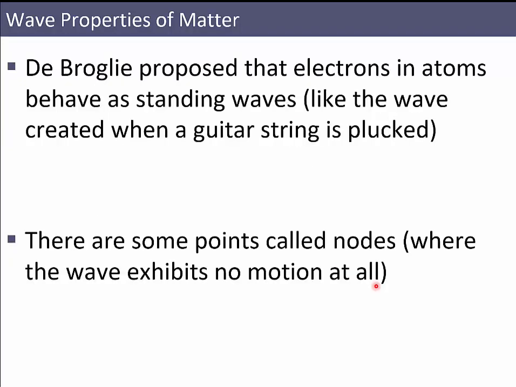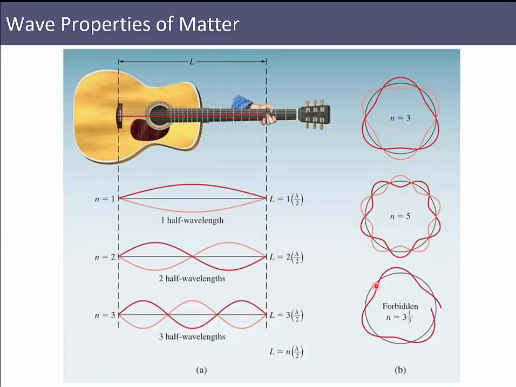De Broglie proposed that electrons in atoms are going to behave like standing waves, like the wave created when a guitar string is plucked. And there are going to be some points, which we call nodes, where the wave exhibits no motion at all. If you think about a guitar string, you've got a certain wavelength, and you can have a full wavelength that occupies the full thing.